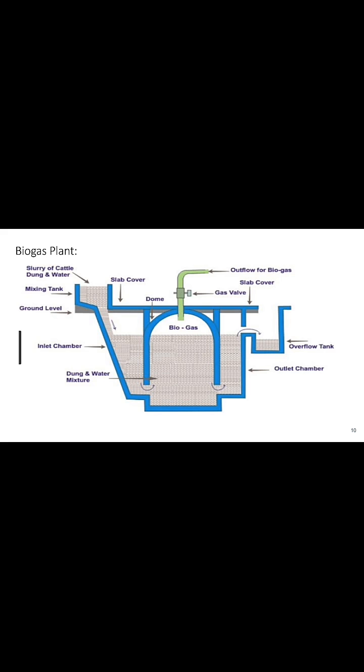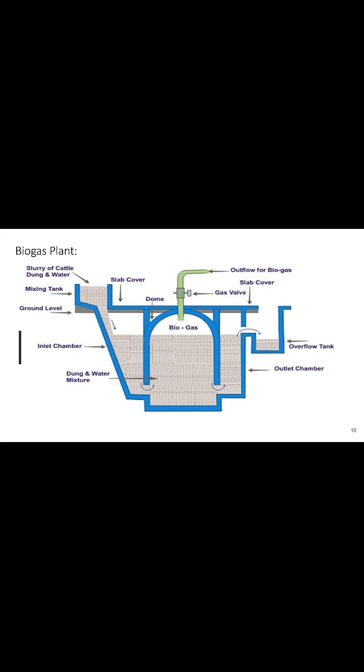Now I will explain the manufacture of gobar gas or dung gas. Gobar gas is produced by the anaerobic degradation of cattle dung. It is carried out in a gobar gas plant, which consists of a well-shaped underground tank called a digester.